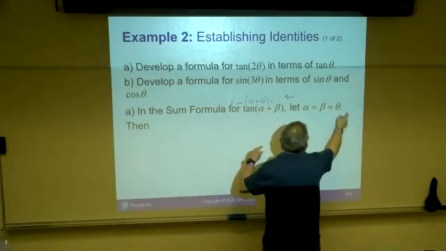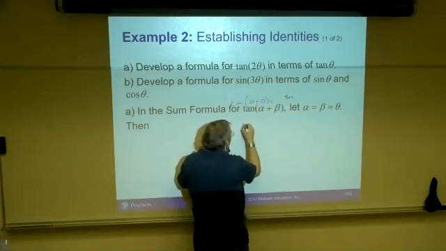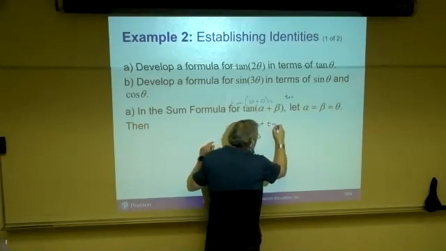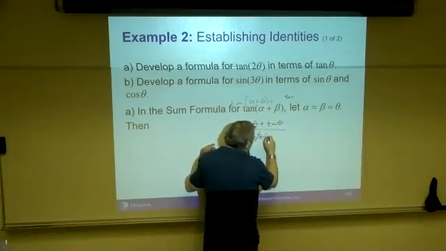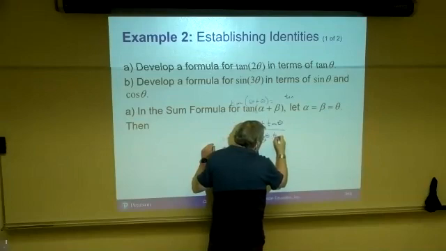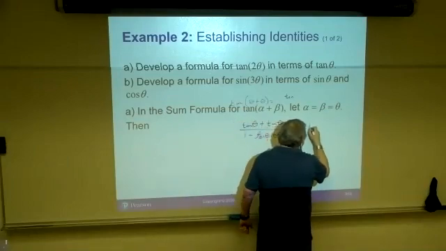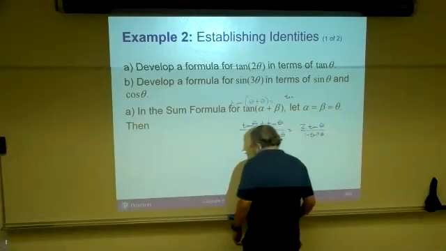So my numerator, I have tangent of theta plus tangent of theta divided by 1 minus the tangent of theta times the tangent of theta, which is 2 times tangent theta divided by 1 minus tangent squared of theta.